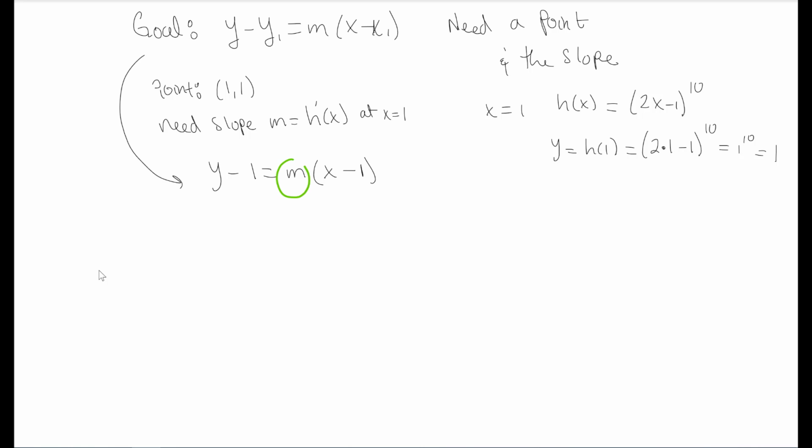So this is what we need to find. The slope is h prime of x. So let's go find h prime. Since h of x is 2x minus 1 to the 10th, h prime of x.